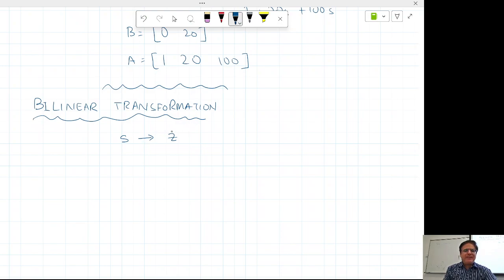Now, why do we need this mapping? We already had learned the mapping, Z is equal to e to the power sT, right? We learned that. Now, this mapping is nonlinear.